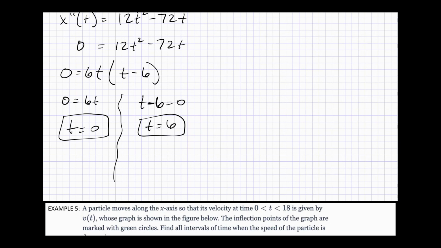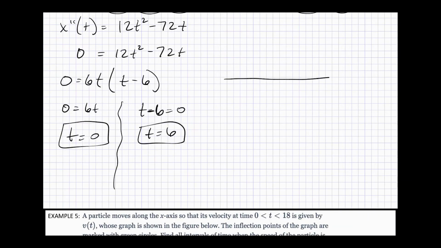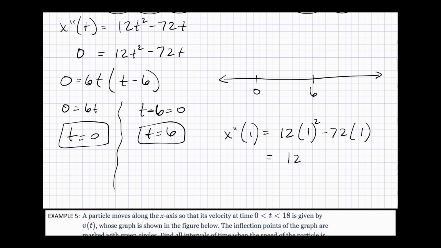Okay. Do the second derivative test on here. 0, 6. Plug in 1 again, and plug in any number bigger than 6. So x double prime of 1: 12 times 1 squared minus 72 times 1. I get 12 minus 72, which equals a negative number.